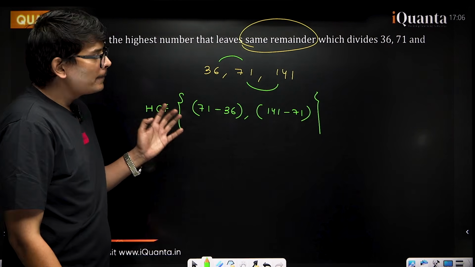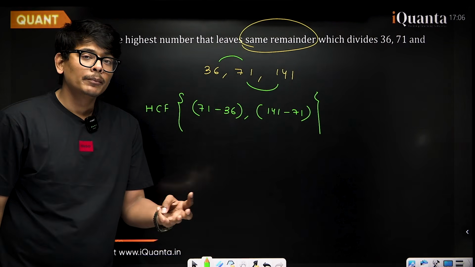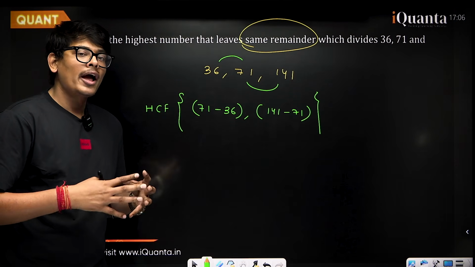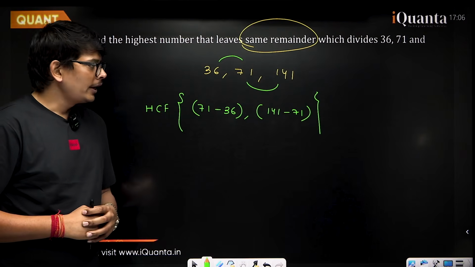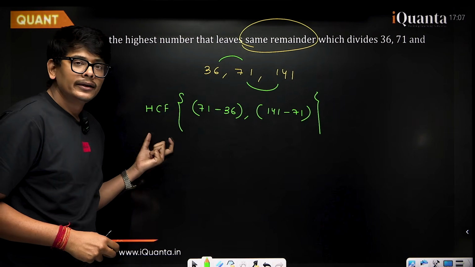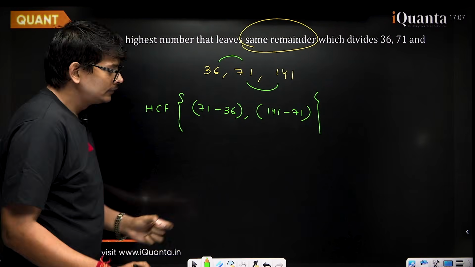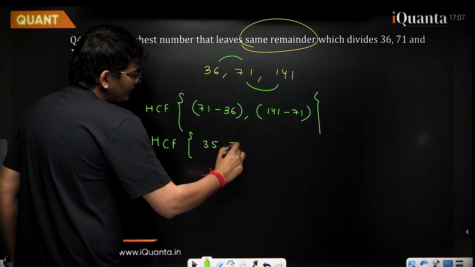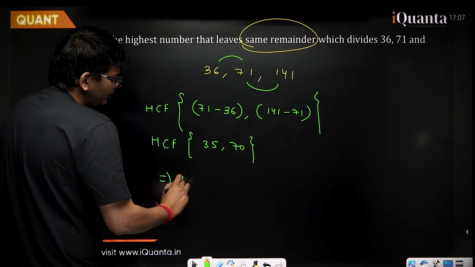First step, make 2 pairs. Since there are 3 numbers, you will be able to make only 2 pairs. If there were 4 numbers, you would have made 3 pairs. Now you have to take the difference of those pairs and then HCF, and you will get your answer. So HCF of 35 and 70, that is 35.